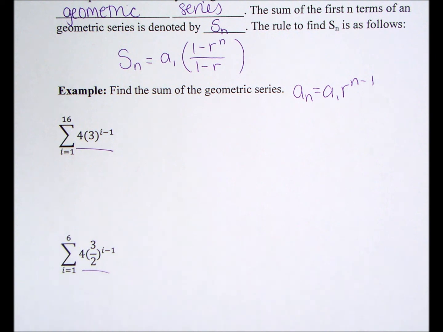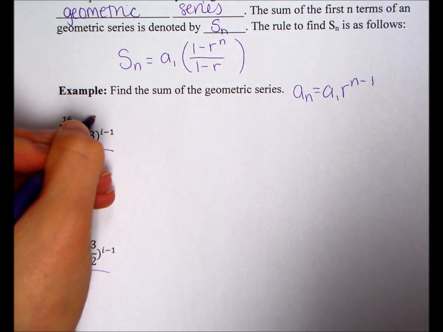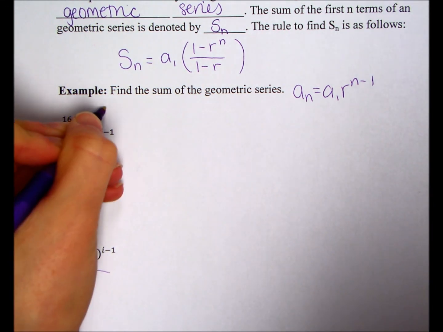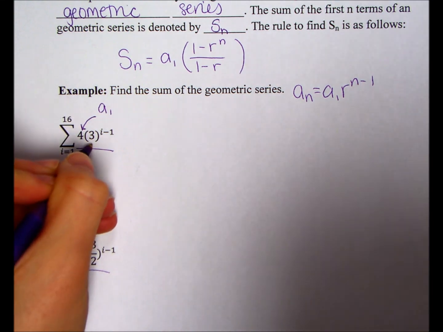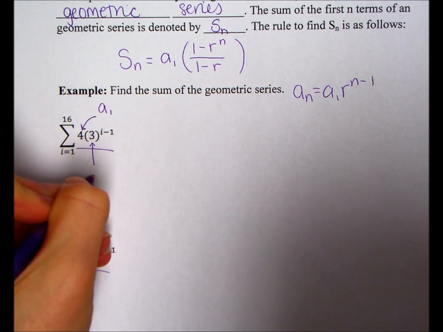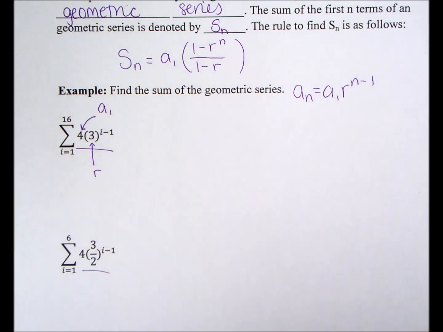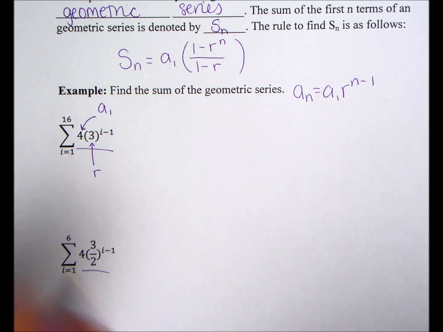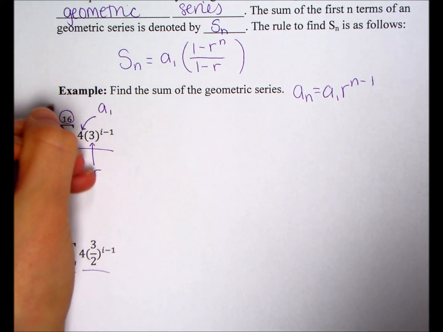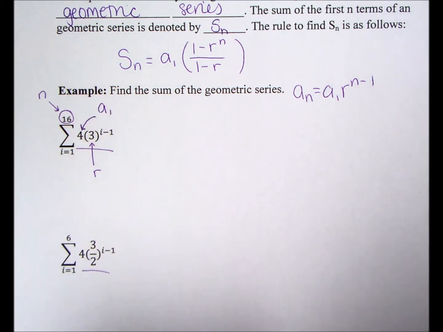So this is really simple because you can just pull this information right from the problem. That guy right there is my first term, this one right here is my rate, and your n is that number on top. So pretty straightforward plug and chug here.